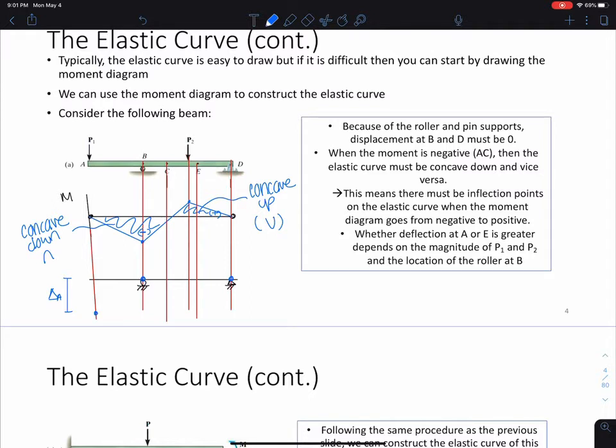So all we have to do, if this is concave down, that means from here to here, I definitely have to have concave down. And the reason I've drawn C here is because at some point here, we know that it changes and it goes to concave up. So we call this point C some kind of inflection point. We have some point where it changes from concave up to concave down. And that's generally this elastic curve.